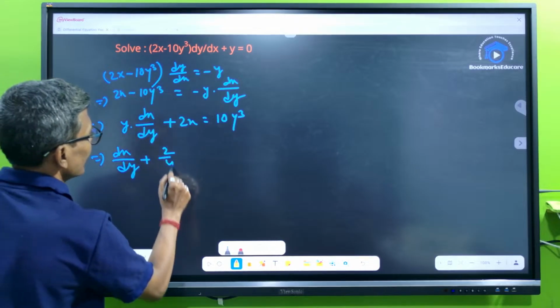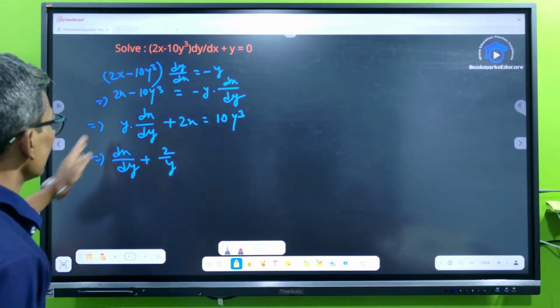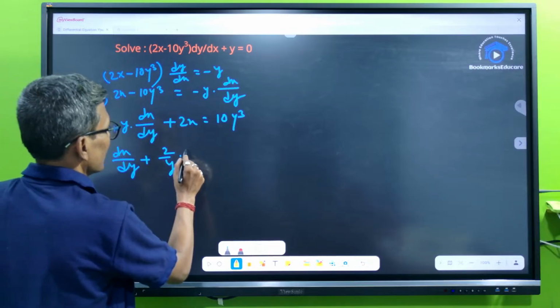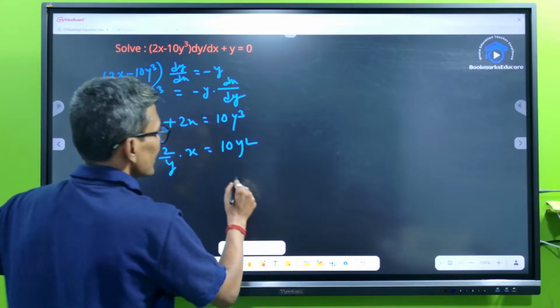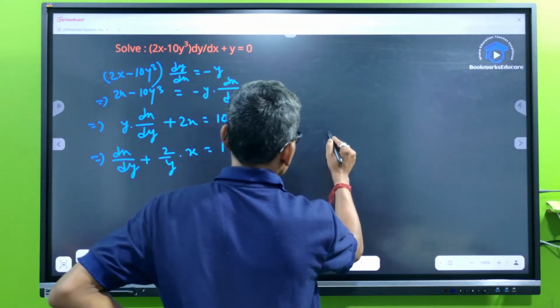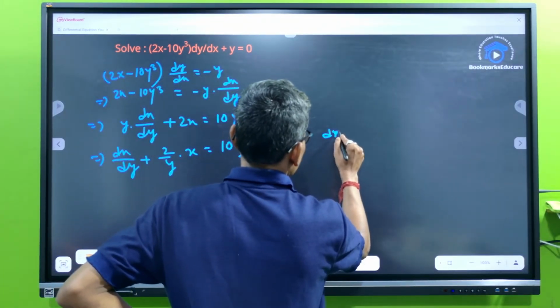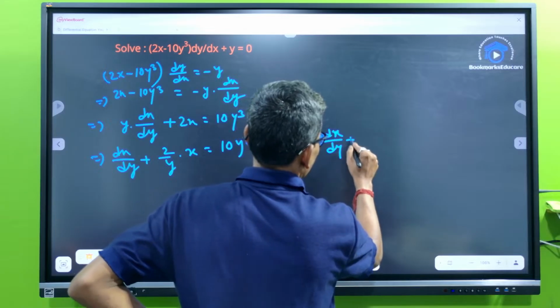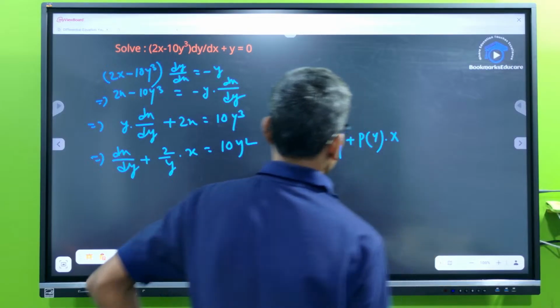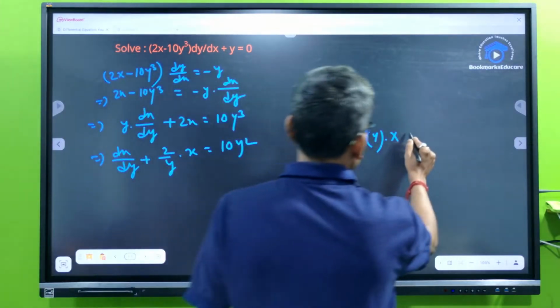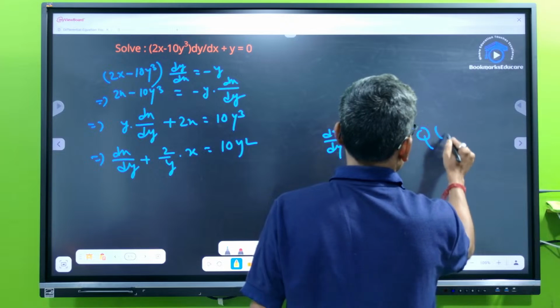plus 2 by y, dividing on both sides by y, is equal to 10y square. This is also in the form of dx by dy plus p of y into x is equal to q of y.